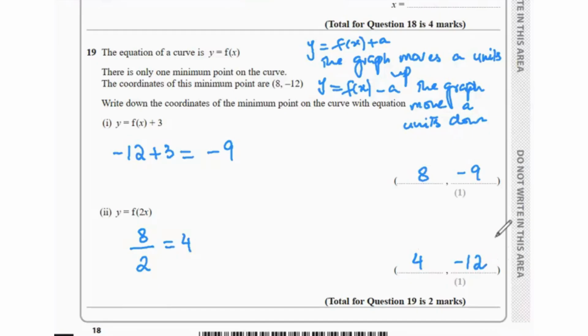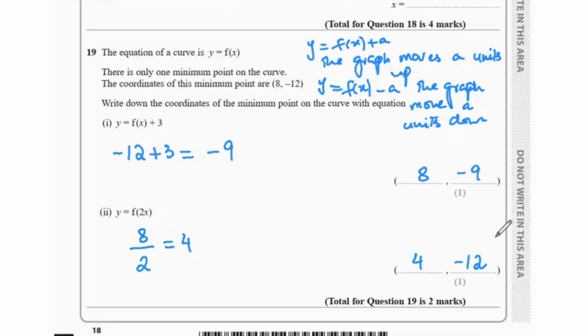So this is how you transform your graph. If you're adding or subtracting something from y, like the function, that's a vertical transformation, and then you have the transformation where your graph is either shrinking or becoming wider. Over here, your graph is shrinking because now the minimum point is at 4, not 8. So for x, the rule is opposite. For y, it's common sense.